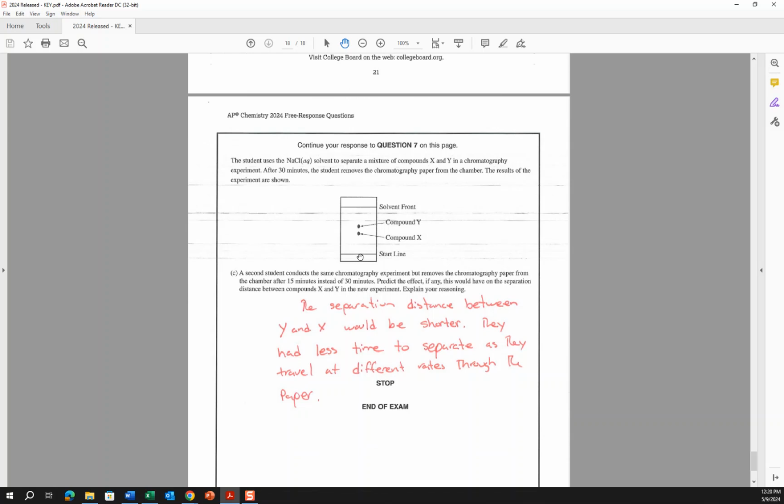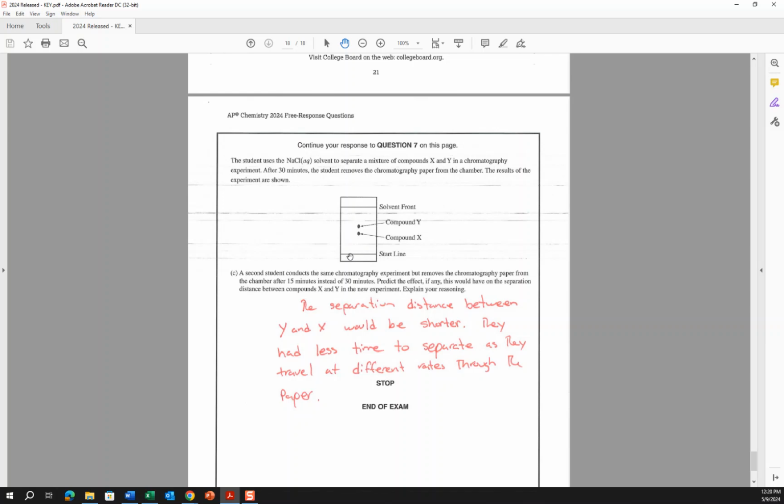So again, both dots would have started at the same place, and as they move through the paper with the solvent, they're separating based on their interactions with the paper versus their interactions with the solvent. And so if you did the same exact experiment, but you stopped after 15 minutes instead of 30 minutes, there wouldn't be as much time for them to separate, assuming that you did everything the same, so they would have the same rate of separation.